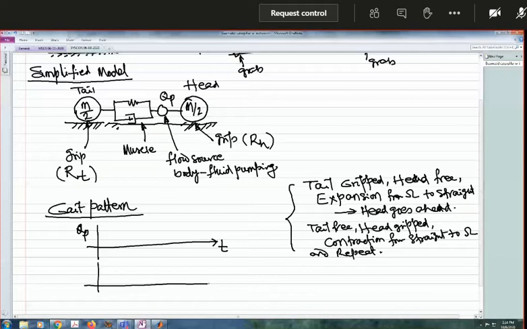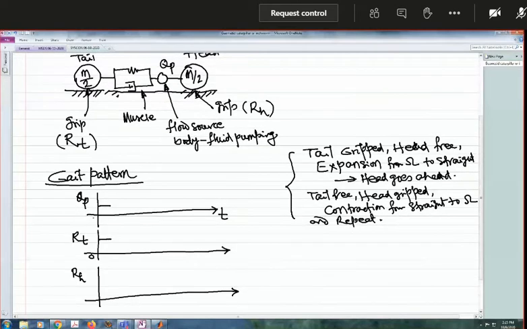Resistance at head. So first thing is, it is expansion. So QP positive for some time. Tail is gripped. Tail has some resistance. This is 0. 0, 0. So tail has some resistance. Next cycle and head is 0.